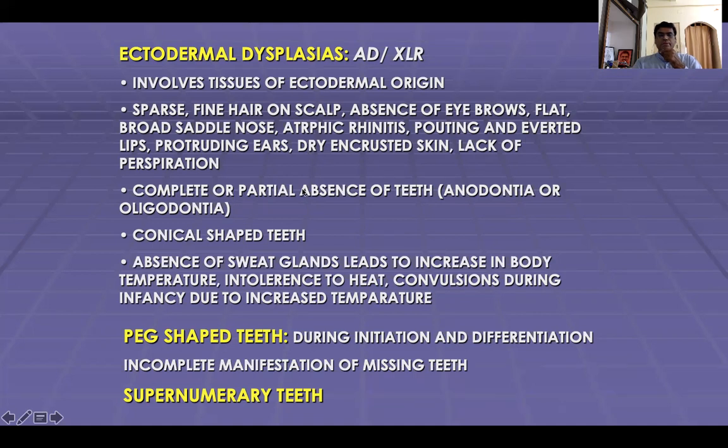Complete or partial absence of teeth, that is anodontia or oligodontia, conically shaped teeth. Then absence of sweat glands leads to increase in the body temperature, intolerance to heat, convulsions during infancy due to increased temperature.